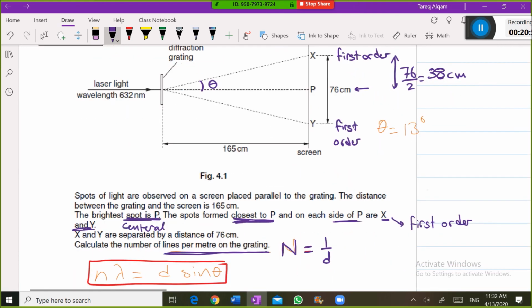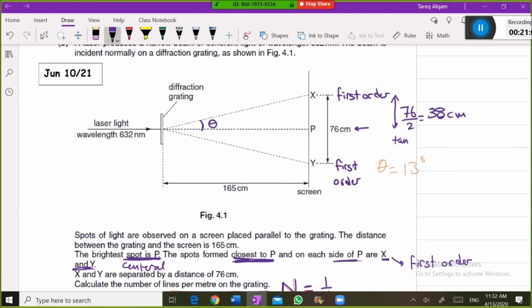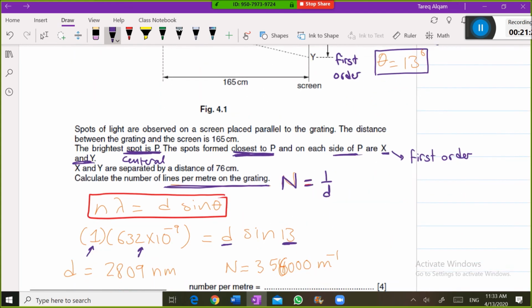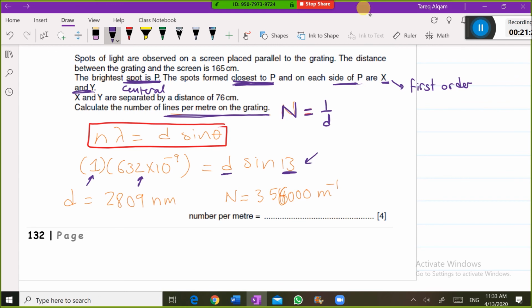So I can find the angle using trigonometry. Theta equals tan inverse of opposite over adjacent, right? Opposite is 38, adjacent is 165. So I will get theta equals 13. Substitute here. I found d. So N equals 1 over d. Any question, guys?